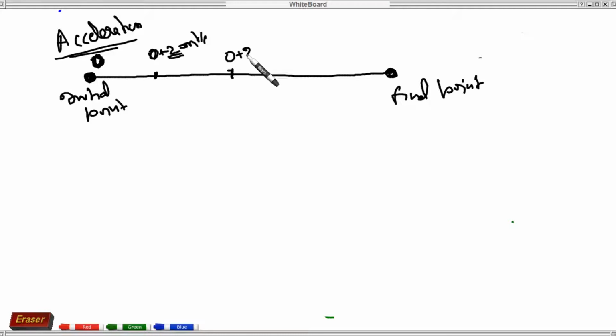Here again 0 plus 2 plus 2 meter per second means it becomes 4. What is this velocity? You can see here that the velocity is increasing. It's not constant. It keeps on increasing from here to here. So it is accelerating.